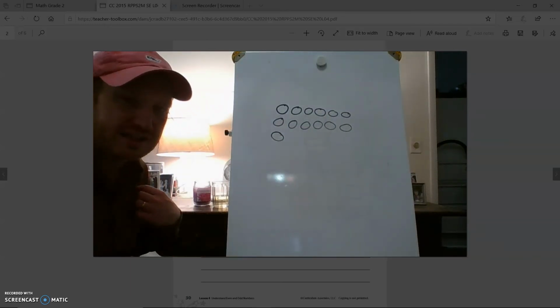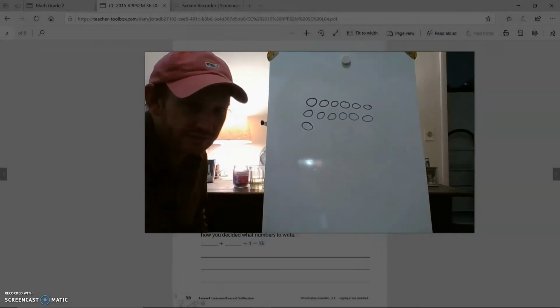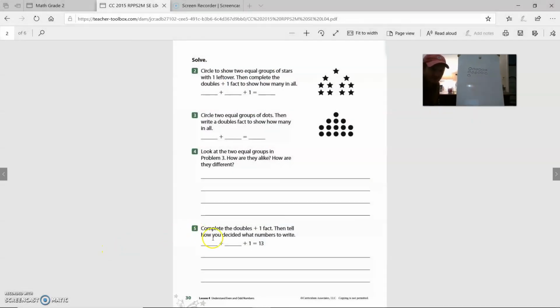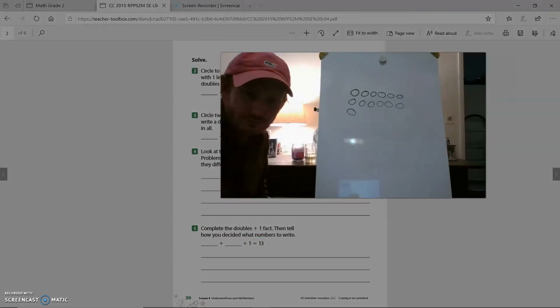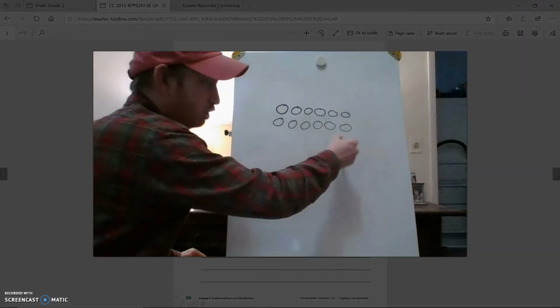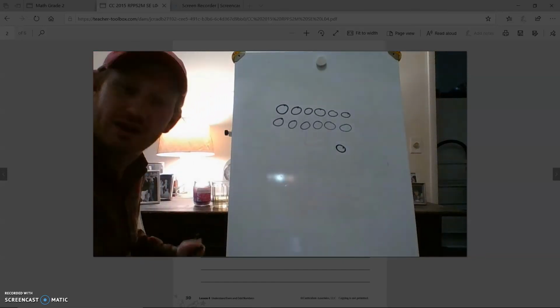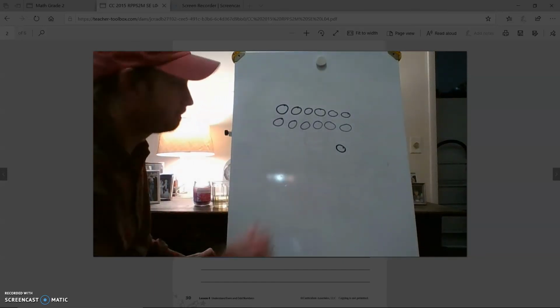So as I can already see, I have 1 left over. And in the equation they give us, they tell us it's a doubles plus 1. That gives us 13. So I'm going to take that out. I'm going to put it over here so that I know that it's away from the rest of my pictures. And then I'm going to see what my two groups are.